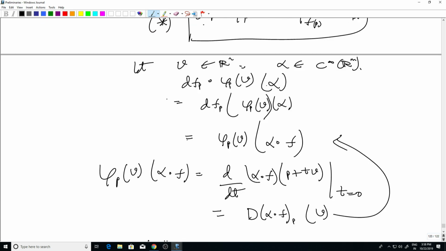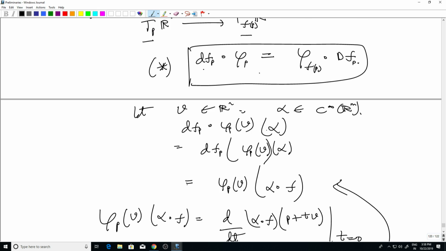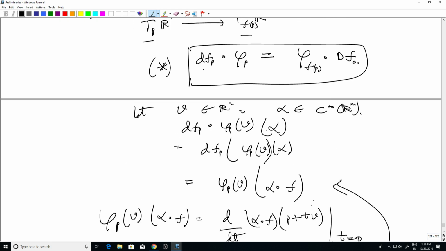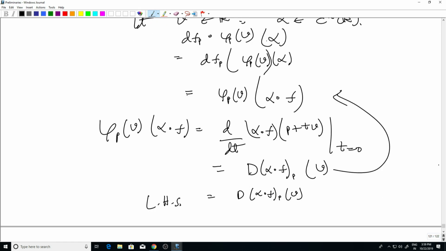When acted on v and alpha, what I get is exactly this, D of alpha composed with f at p of v. What about the right hand side?